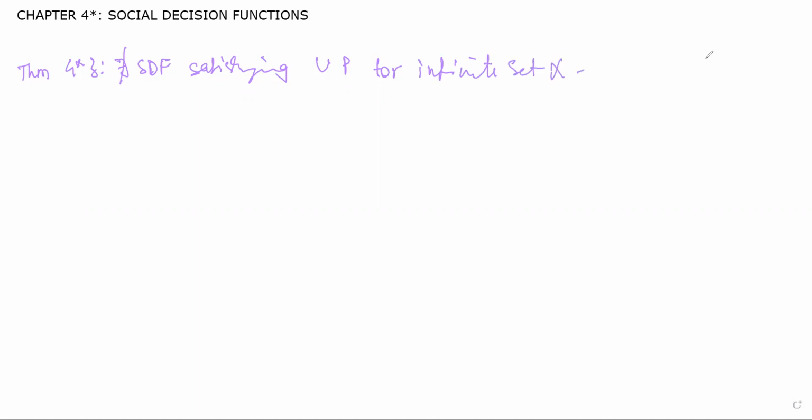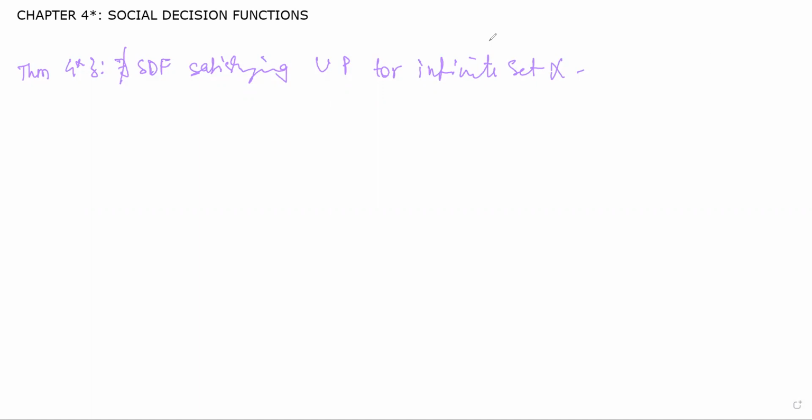So we will move on now and deal with infinite sets. Now comes theorem 4 star 3. There does not exist any SDF satisfying U and P. Yeah, this is actually a very strong theorem for an infinite set X. So this is a troubling result at first, right?